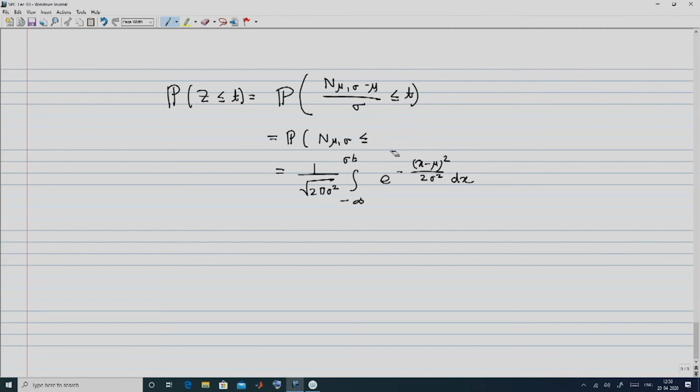Just a slight correction, this should be mu plus sigma t. So please note this correction.